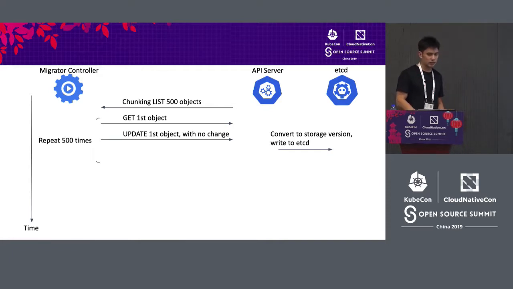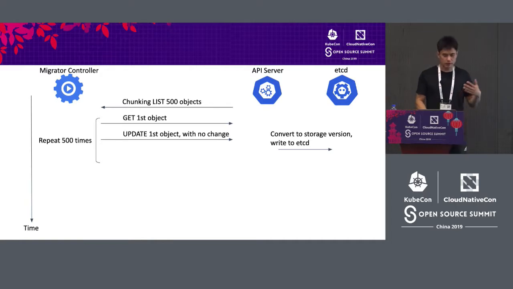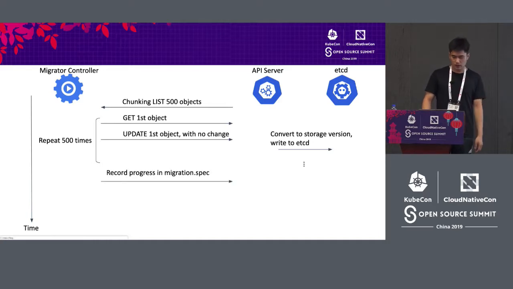And the migrator controller will do this 500 times until it finishes one chunk. After one chunk of objects is done, it will record the progress in the migration spec. That's where the continual token comes from. Basically, it says I have already upgraded these 500 jobs, and if I crash, when I come back, I will continue from this continual token.